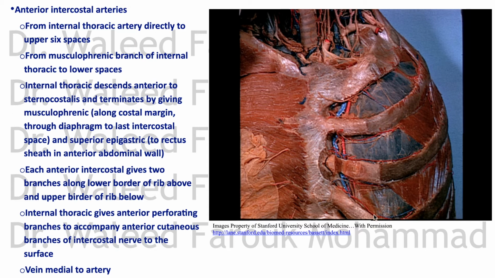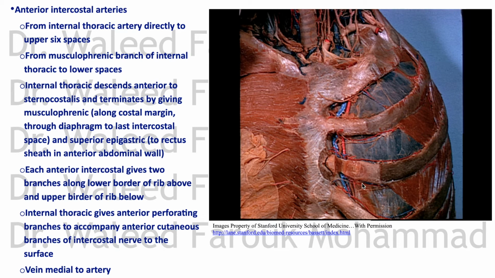By the way, we always talk about 11 intercostals, and the 12th is the subcostal. You cannot say the 12th intercostal because there is no rib number 13. It's the subcostal nerve and vessels, number 12.